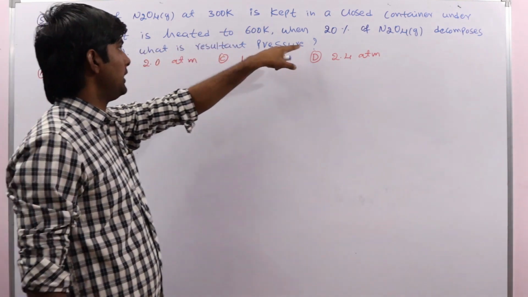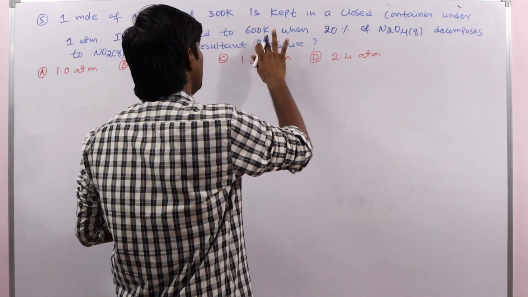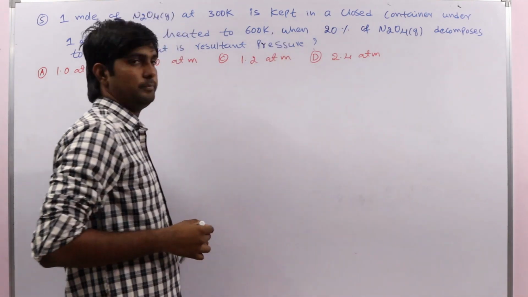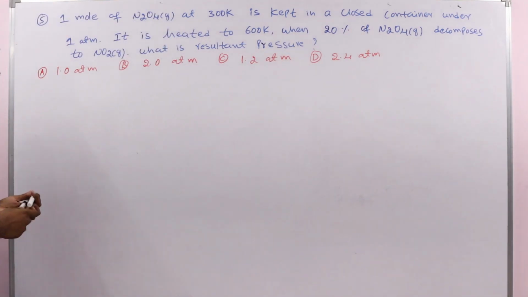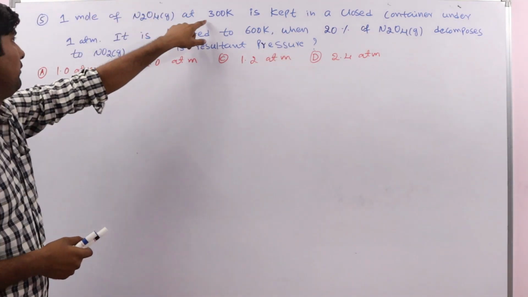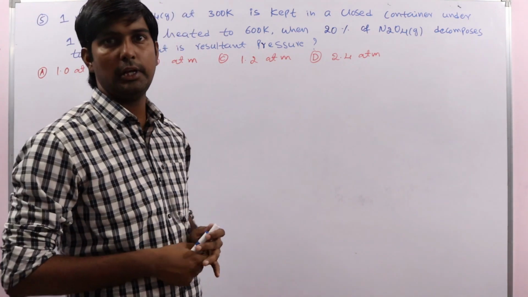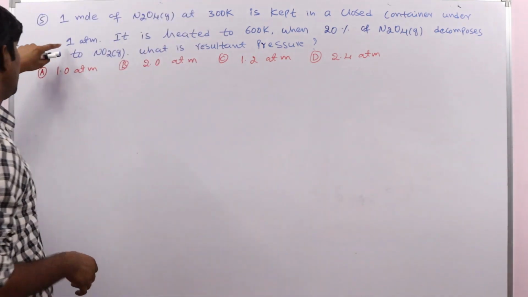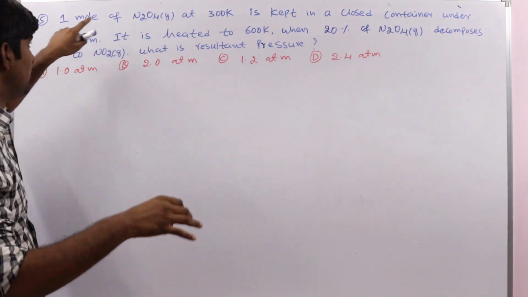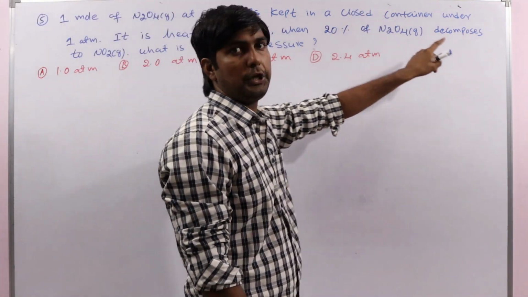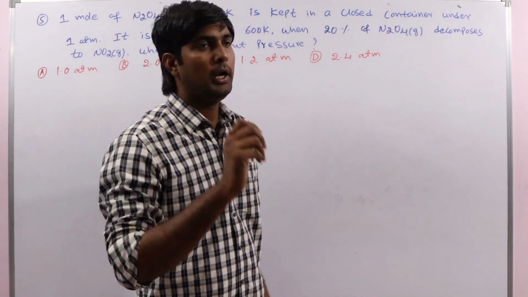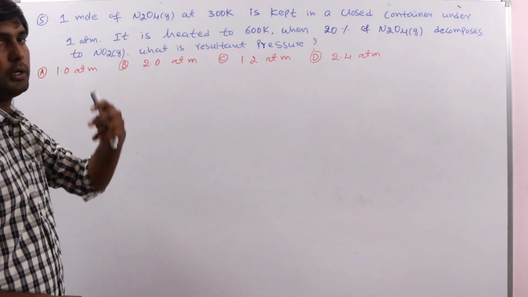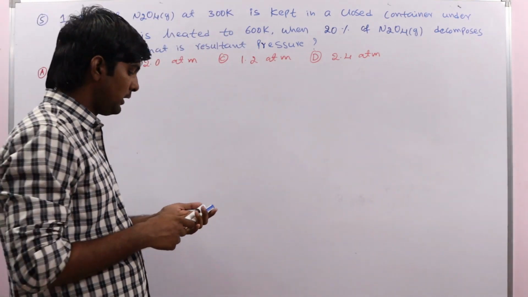What is the resultant pressure? So at 300 Kelvin, 1 mole of N2O4 is initially taken and the total pressure is given, and when it is heated to 600 Kelvin, 20% is decomposed. At that temperature we have to calculate the total pressure.